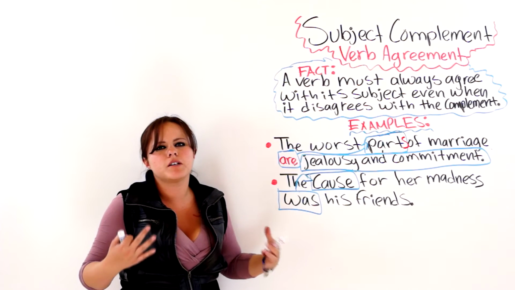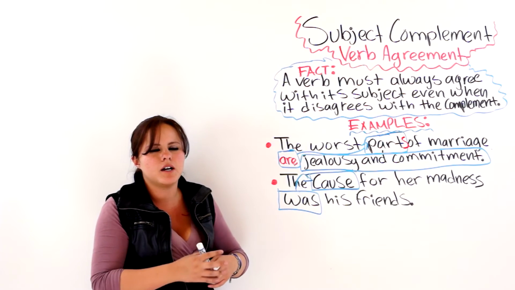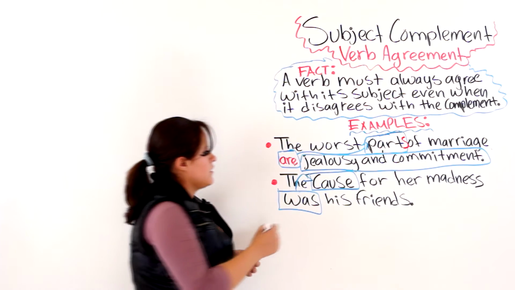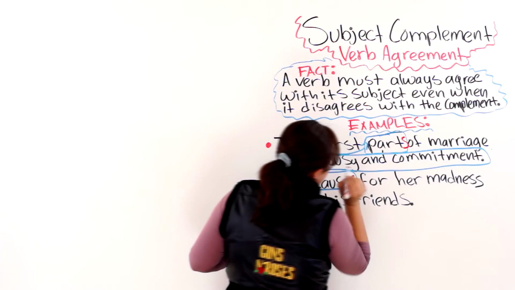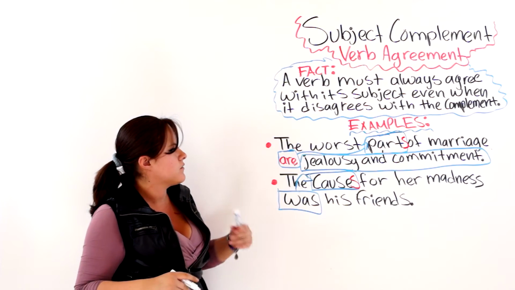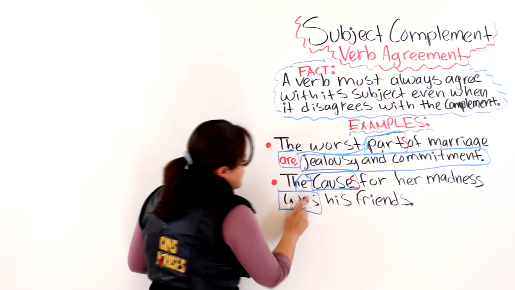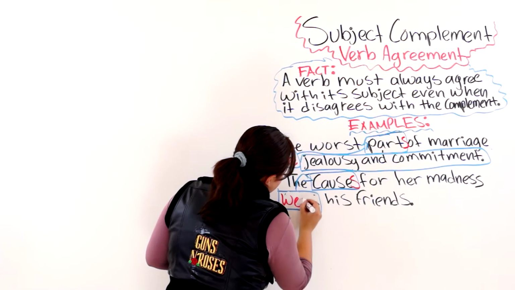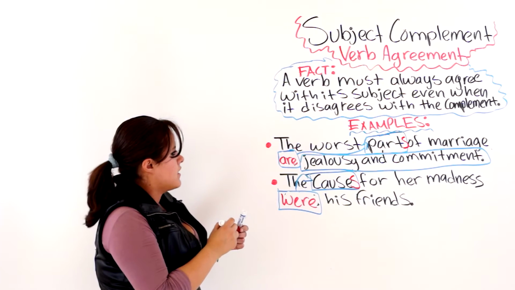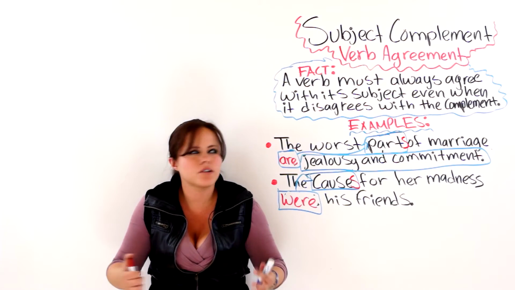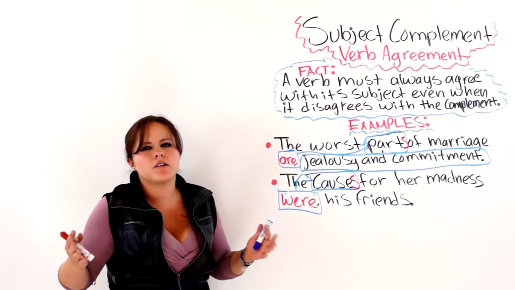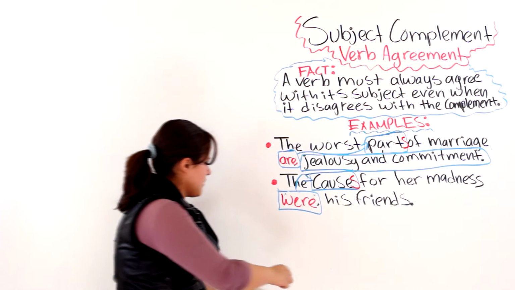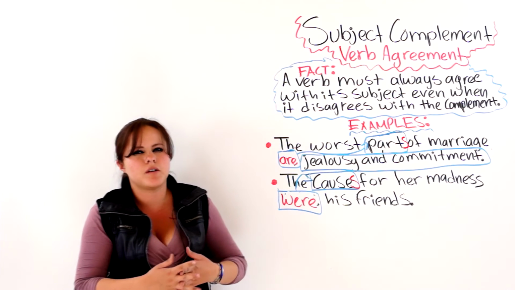So it looks a little bit odd, even though it is grammatically correct. So we can avoid this awkward look if we add an S at the end of cause. The causes for her madness, and instead of was, we are going to use were. Were his friends. And that is how you avoid an awkward sentence when you use a subject complement and you want the verb to agree with the subject. Because remember that it must always agree with the subject.